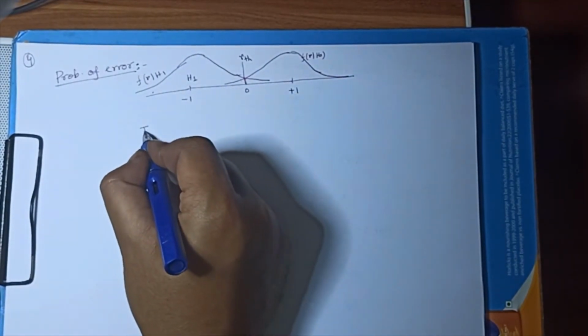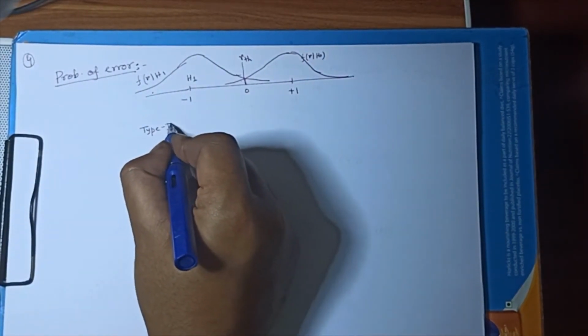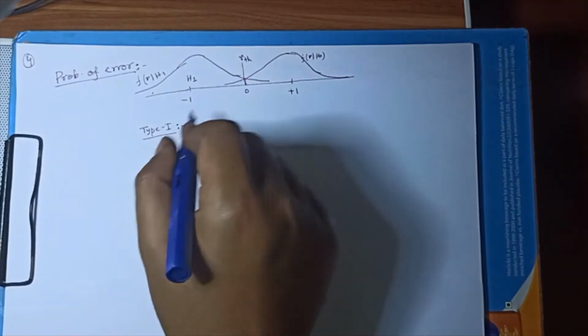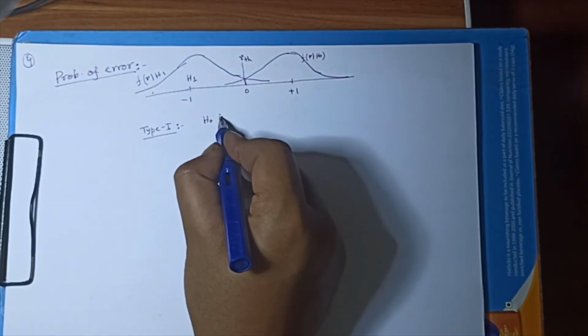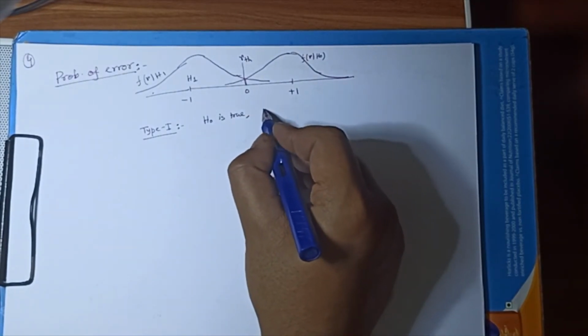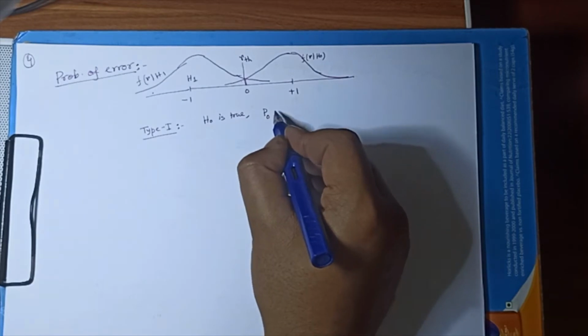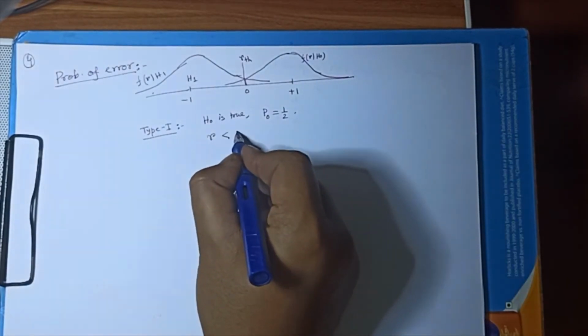Type 1 error is basically when h0 is correct and you choose h1. That is possible when h0 is true, and that is happening with probability half. So p0 is equal to half, but your r is less than 0.